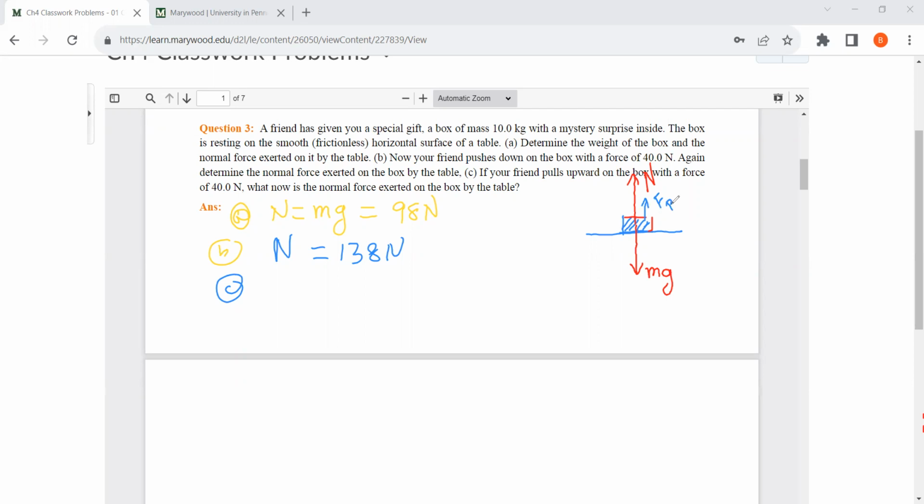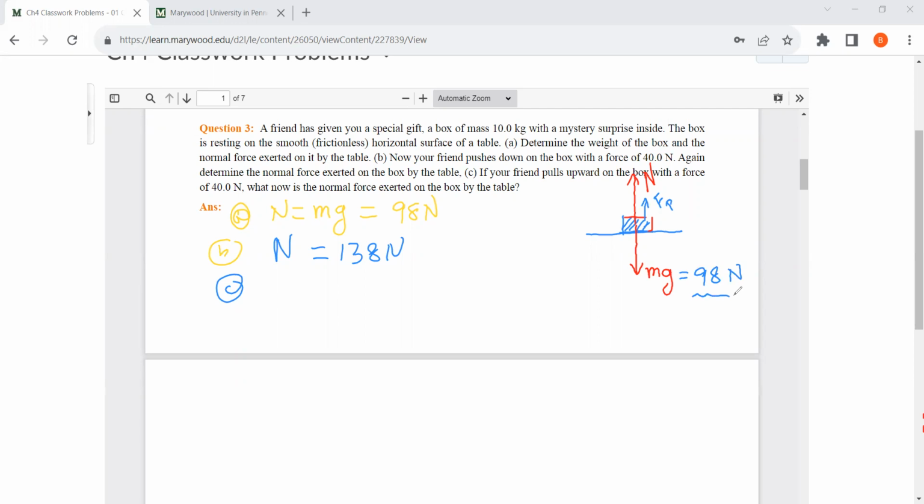So what is the net force? Here Fp is only 40 Newton, and we already know the weight of this box is 98 Newton.